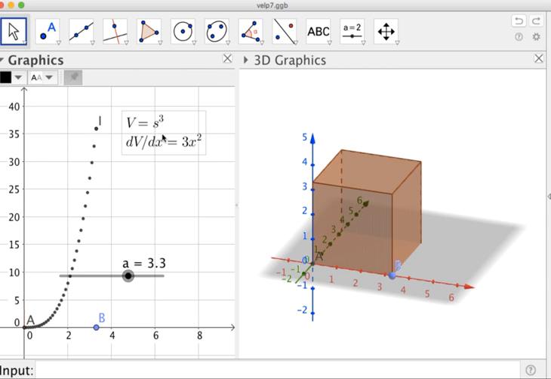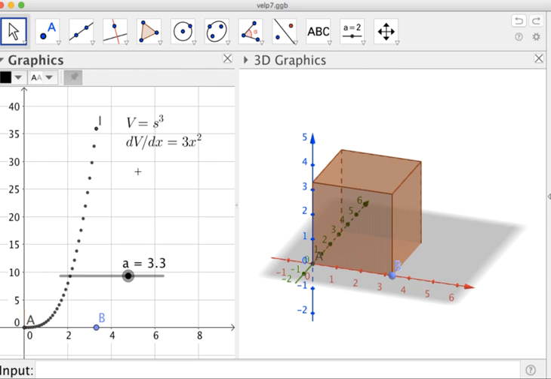And the reason for that is because when we think about what the derivative of the volume is, we would actually want to take the second derivative, which would be the derivative of 3x squared, or 6x, because that would give us the change in volume with respect to the change in side length.